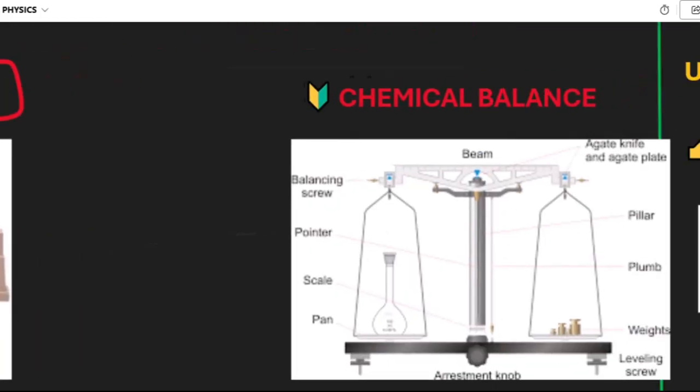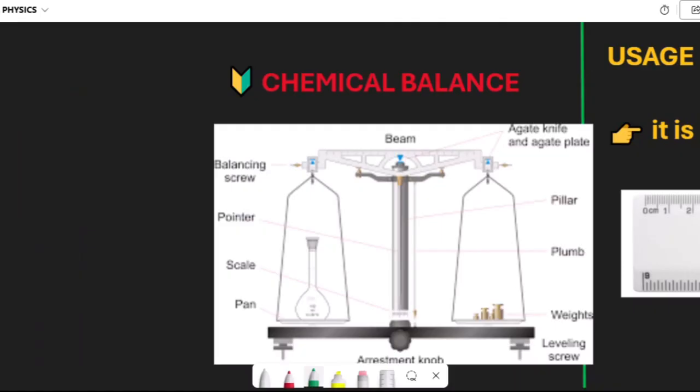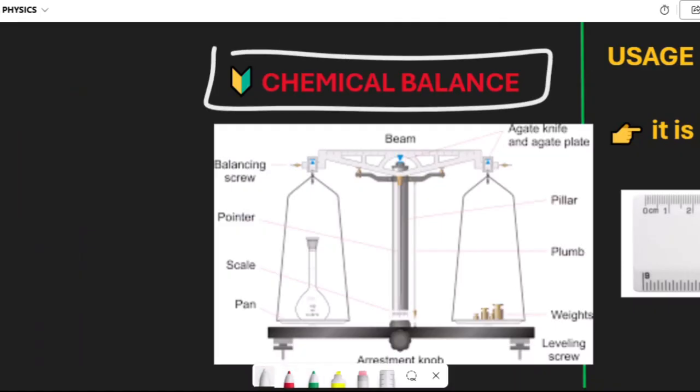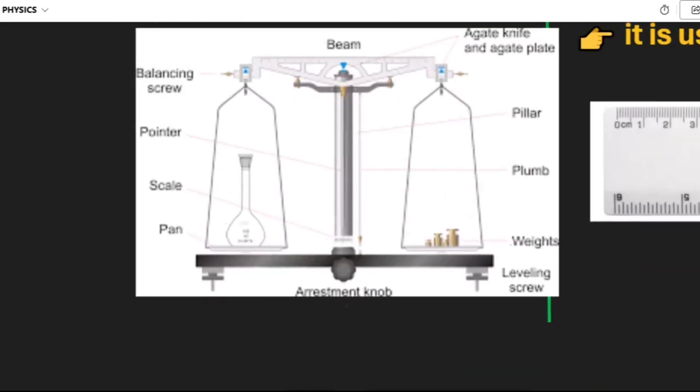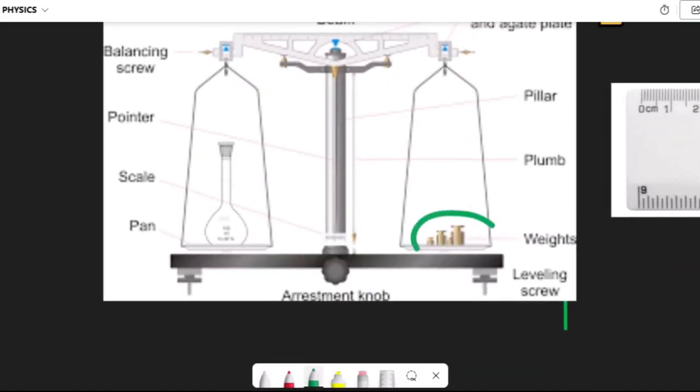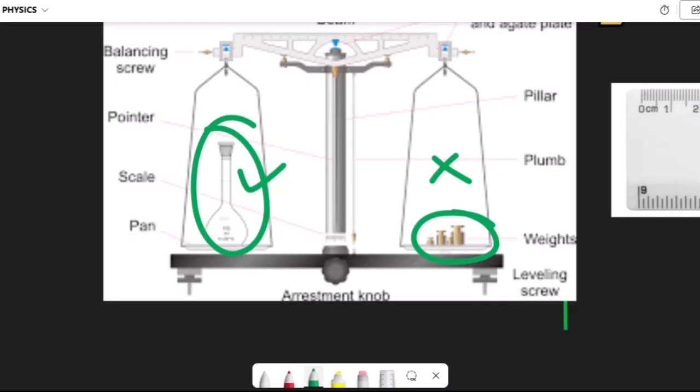Another kind of instrument we have is called the chemical beam balance, or literally you can say chemical balance. Majorly this is used to measure chemicals, telling us the amount of mass in the chemical. As you can see here, we have a weight and a chemical in the conical flask. This weight helps us to balance the weight of the conical flask.